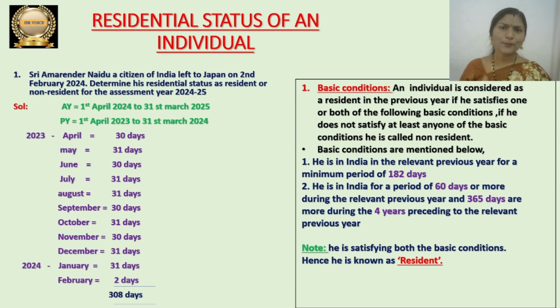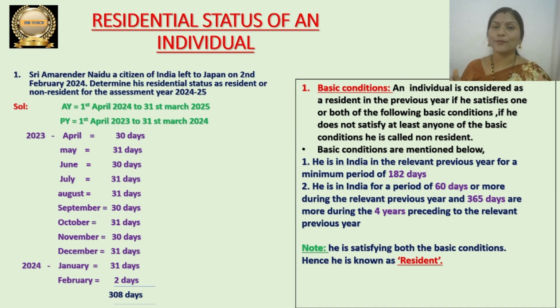Next, what is a previous year? PY means previous year. The previous year is the 12 months period just before the assessment year. It is starting from 1st April 2023 to 31st March 2024.